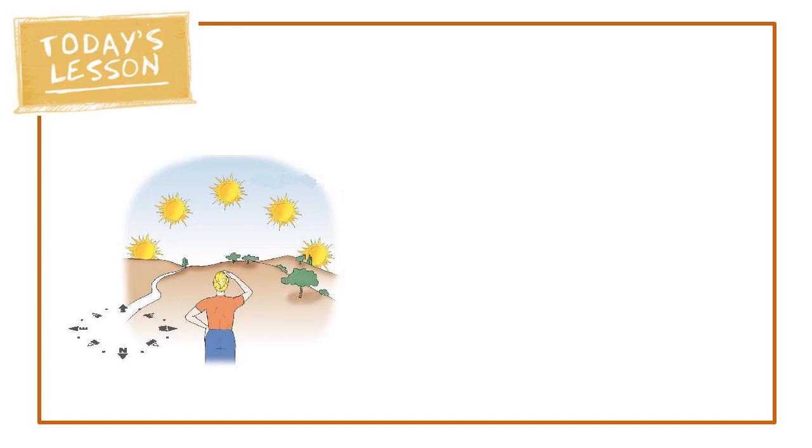Therefore, the left side of the diagram is east and the right side is west. Now, where do you think the sun rises? Is it in the east or in the west? The sun rises in the east and sets in the west. So therefore, we have the sunrise in the east and the sunset in the west.